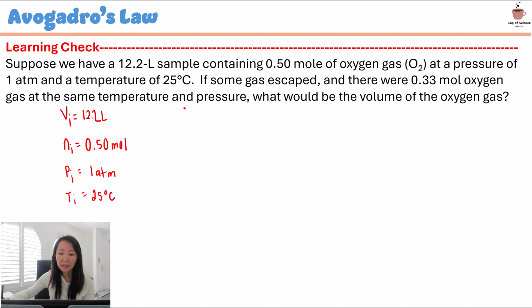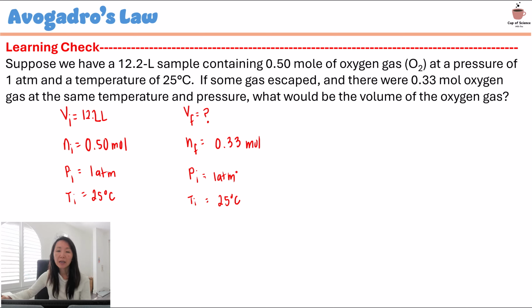Then it says the volume has probably diminished because gas has escaped and the final number of moles is now 0.33 moles of oxygen. Also, the pressure and the temperature are constant, meaning they are the same, 1 atm and 25 degrees Celsius. Because the pressure and the temperature are exactly the same, we don't need to consider them in this particular problem.